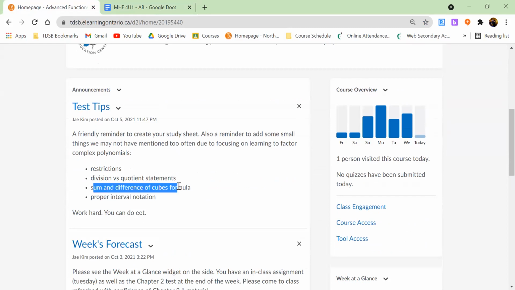Sum and difference of cubes. It's not going to be extensive, but if I give you a cubic, like some kind of cubic plus a cube, you should know how to factor that. That could be an easy multiple choice question. You see what I mean? Like 9a cubed minus 8a cubed minus 64b cubed, right?